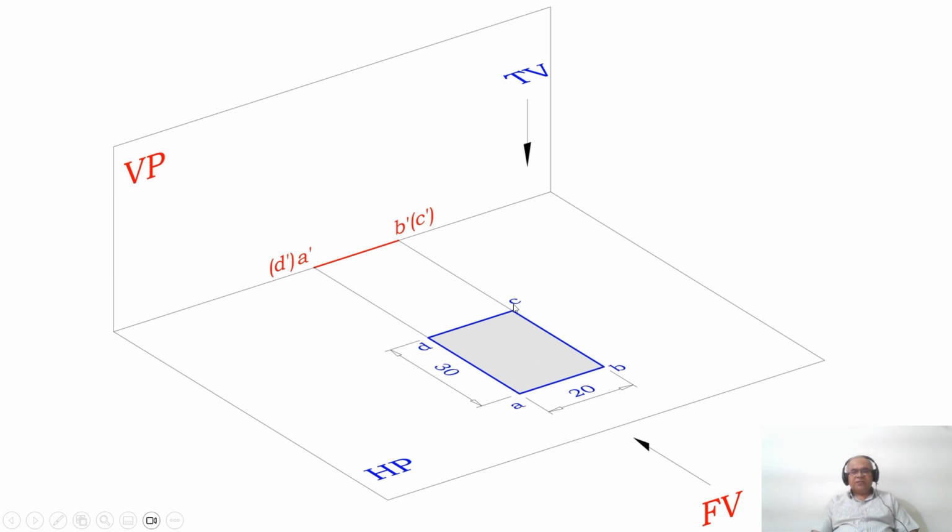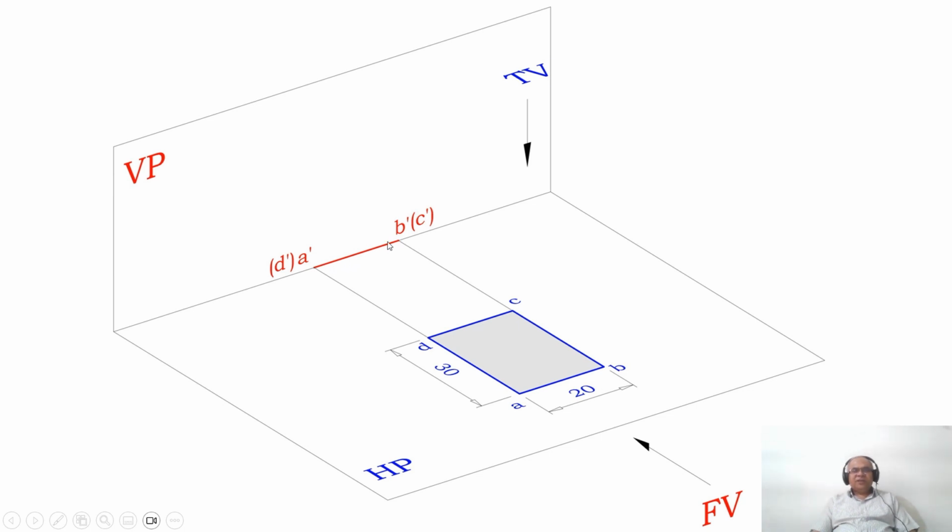AB and CD will have the true length of 20, and AD and BC will have the true length of 30 mm. AB is parallel to both HP and VP, and similarly CD. BC and AD are parallel to HP but perpendicular to VP. Therefore, you are getting a point in the front view, that is this point and this point.